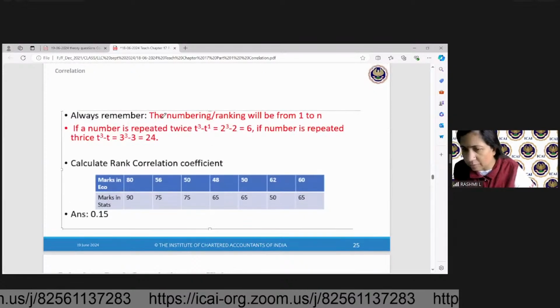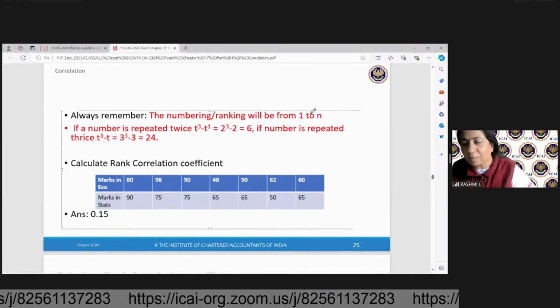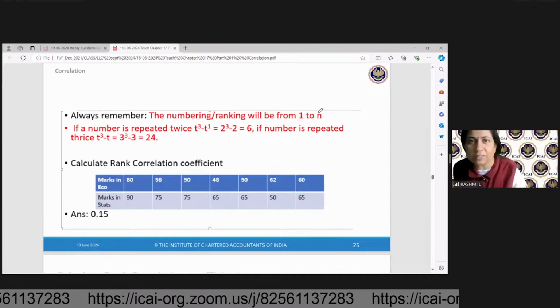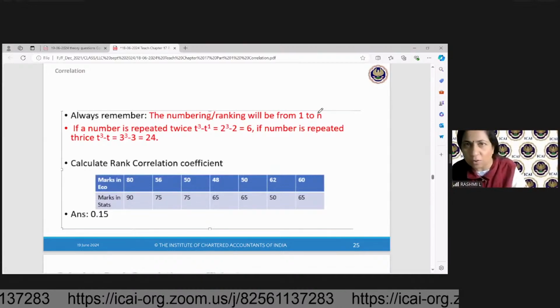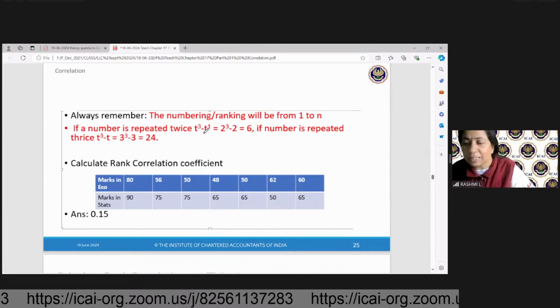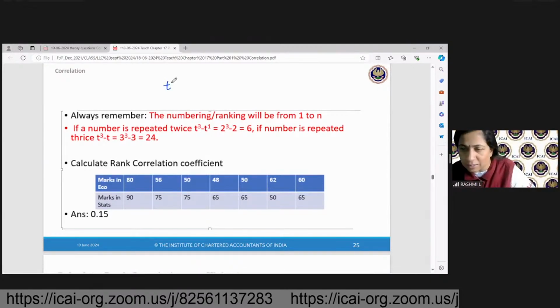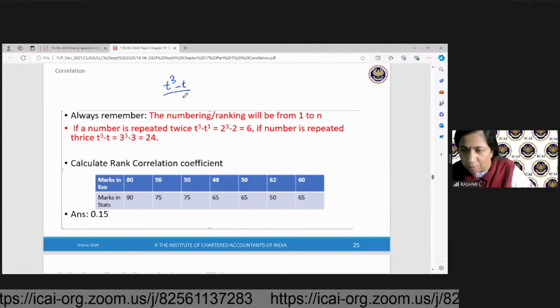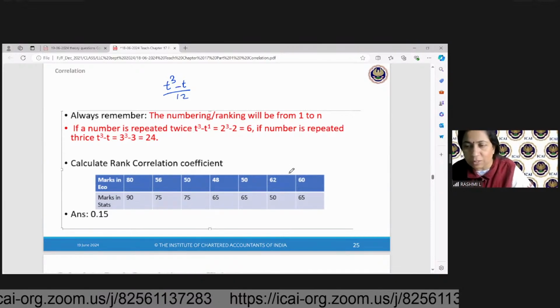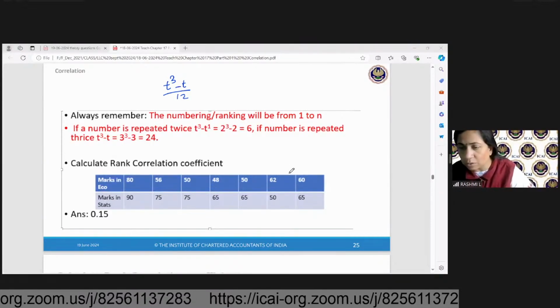Now let's see. The numeric ranking will be from 1 to n. Suppose I have 10 contestants, so I will give the rank from 1 to 10, obviously. If a number is repeated twice, then in T cube minus T upon 12, T will be 2.